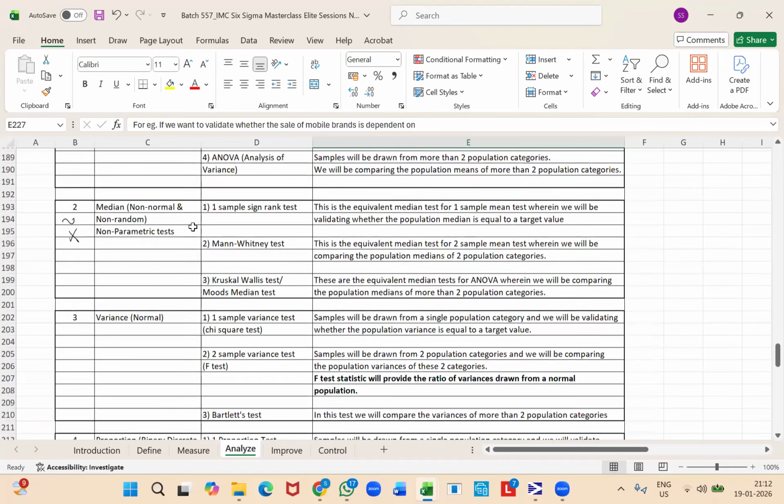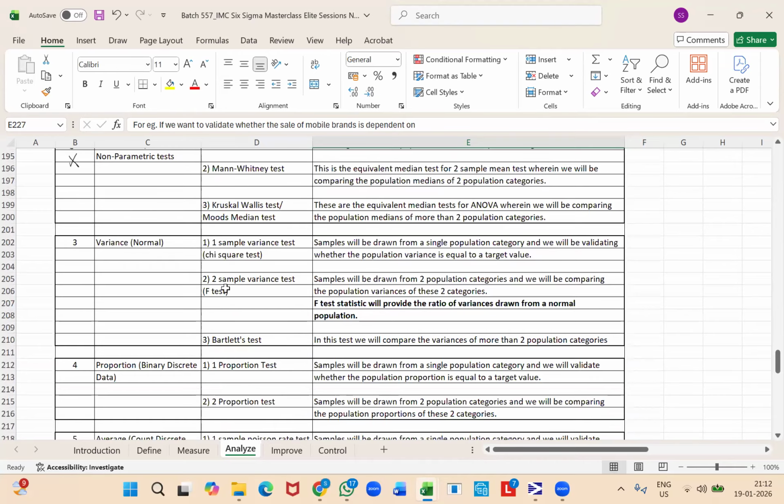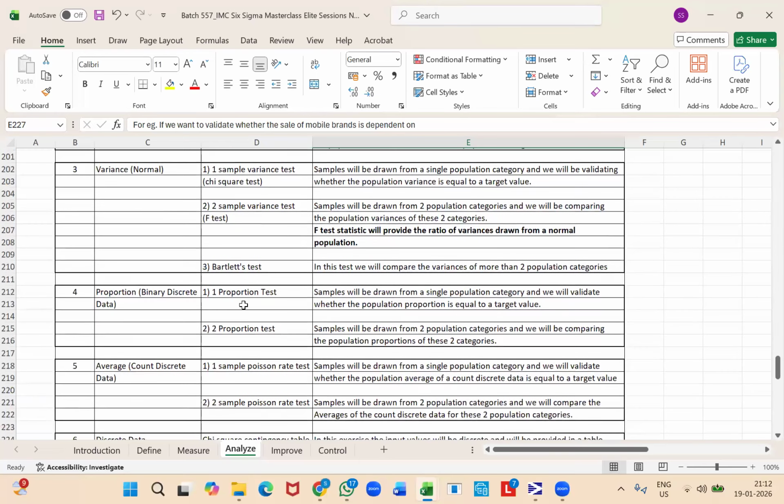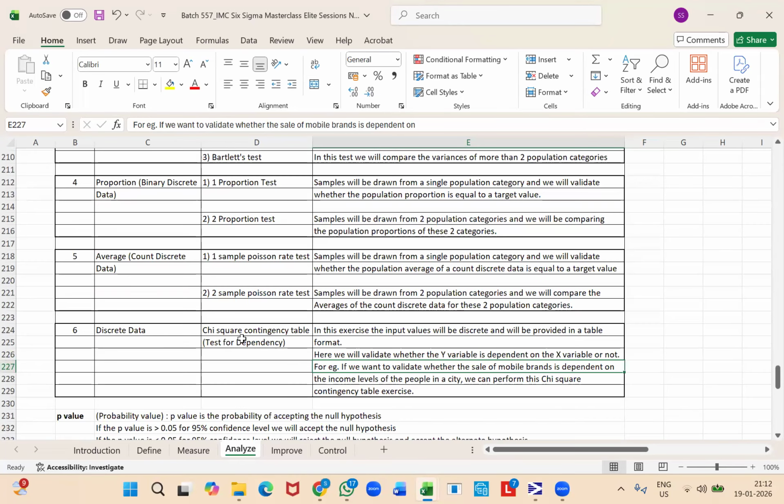Then under variance, we will perform an exercise for the two sample variance test and also Bartlett's test. For proportion, we will do an exercise for the one proportion test and two proportion test. And finally, we will also look at an exercise under the chi-square contingency table. These are the various exercises that we are going to solve on the 11th day of this training program.